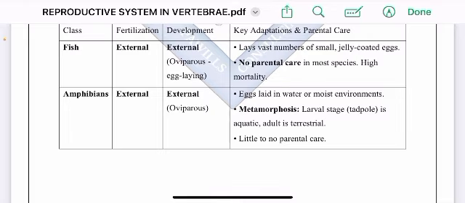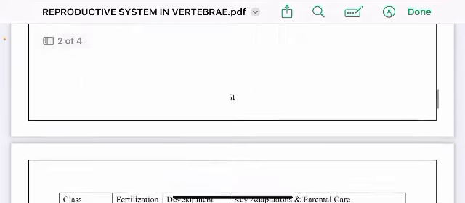At this stage, the tadpoles are usually in the water. They are aquatic. They live in the aquatic ecosystem, aquatic environment. And when they move to the next stage of adulthood, they move to the terrestrial ecosystem, that's land. Here too, little to no parental care is provided.